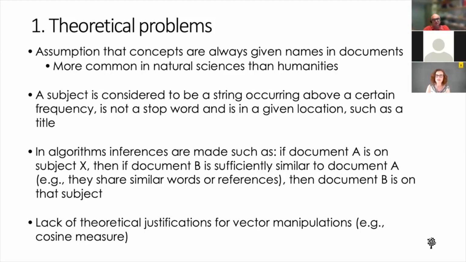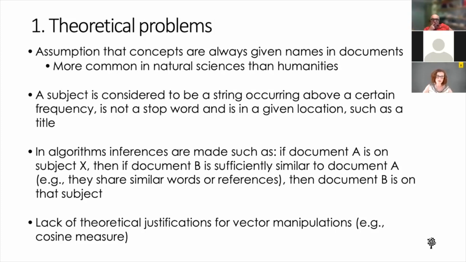Also, a subject is considered to be a string occurring above a certain frequency, is not a stop word, and is in a given location, such as title, because we said before the TF-IDF weighting scheme can be adjusted so that higher weight is given to words found in title or abstract compared to those in the middle of a book, for example. Again, this is problematic because think of humanities text, this would not really work that well.